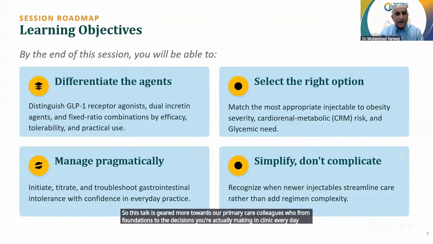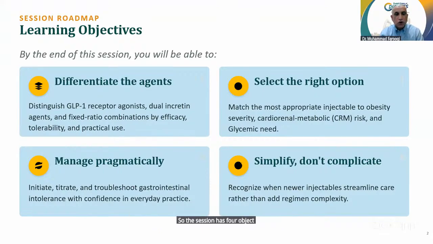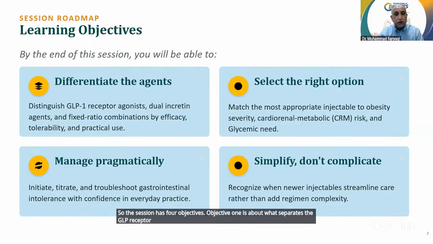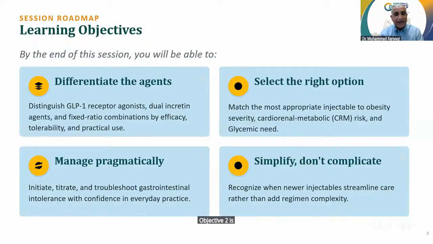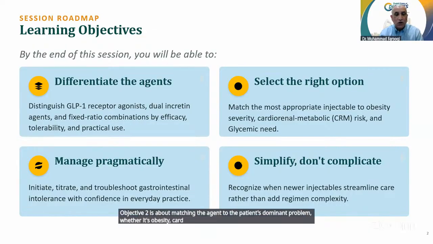The session has 4 objectives. Objective 1 is about what separates a GLP-1 receptor agonist from a dual incretin agent from a fixed ratio combination. Objective 2 is about matching the agent to the patient's dominant problem, whether it's obesity, cardiorenal risk, or glycemic control.